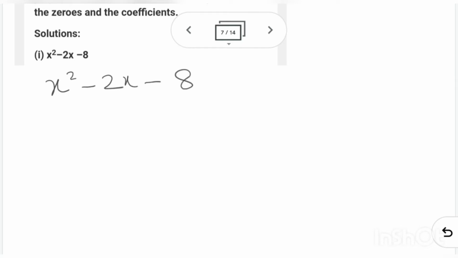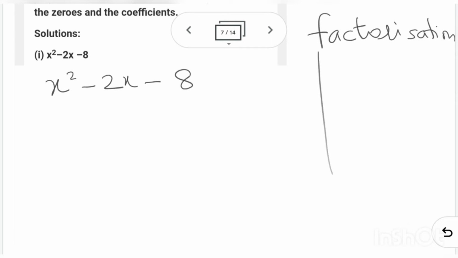How can we find zeros of a quadratic polynomial? We will use the factorization method, in which we split the middle term and find its two factors. First we multiply the first and last term. The product of first and last term is minus 8x square and the middle term is minus 2x.